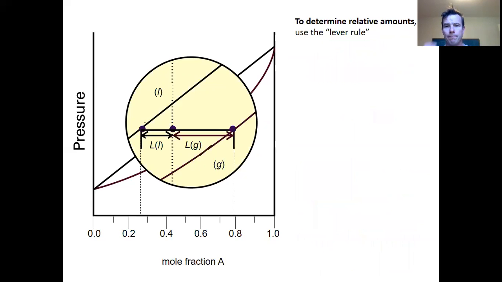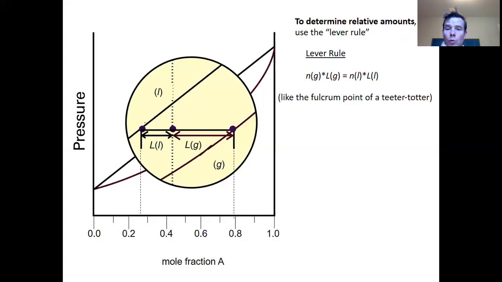That was question 1. The second question is, what are the relative amounts of stuff that are present? And in order to do this, you use what's called the lever rule. Again, you look at your tie line, and what you do is compare the length of the line connecting your point of interest to the gas phase compared to the length from your point of interest to the liquid phase.